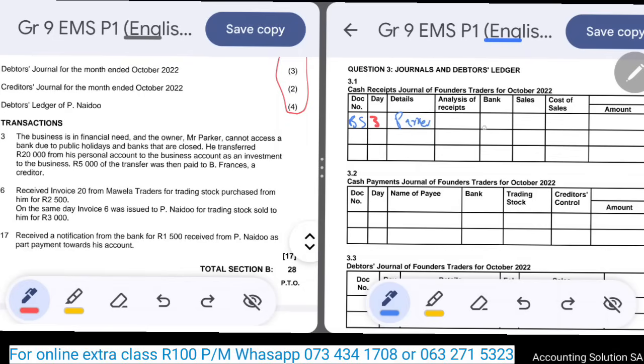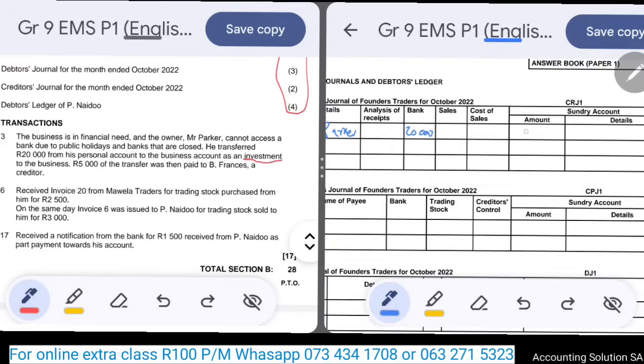Okay, and from the bank we have received as a business 20,000. They say that he is using it as an investment, which means that this is a capital amount. 20,000 is capital.